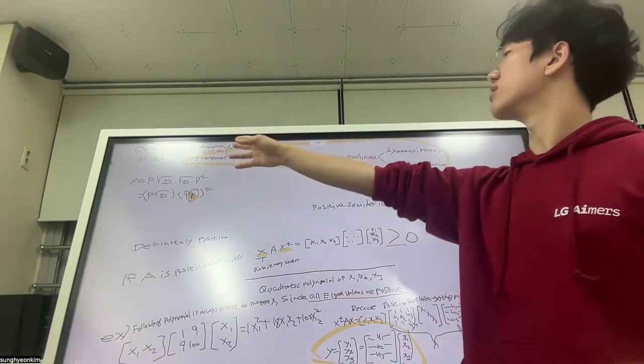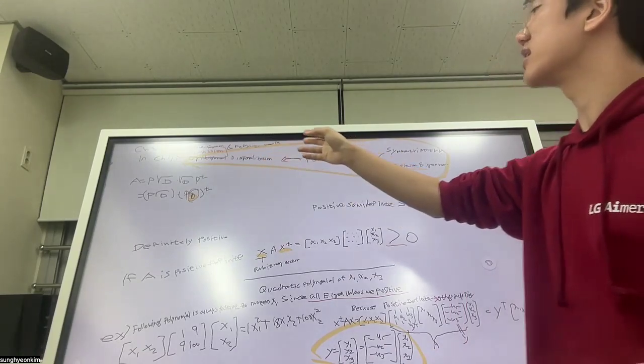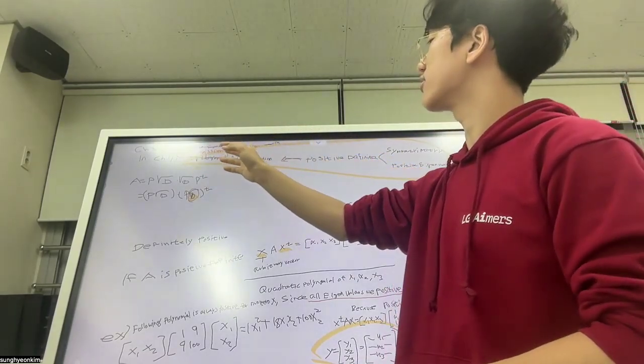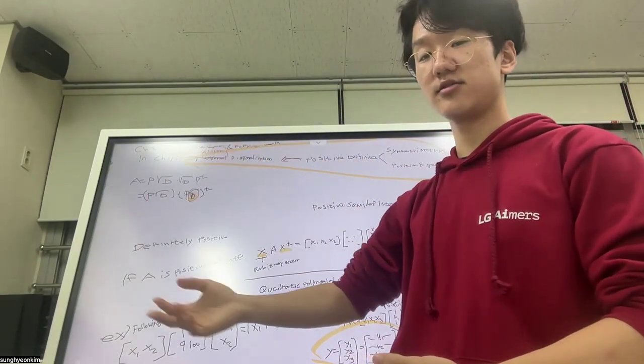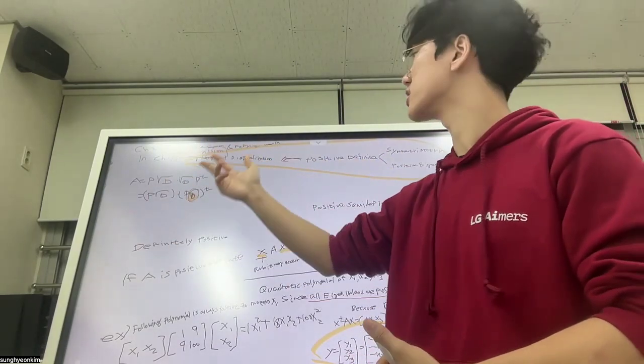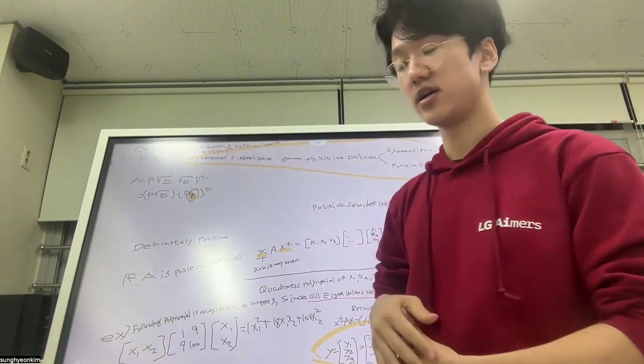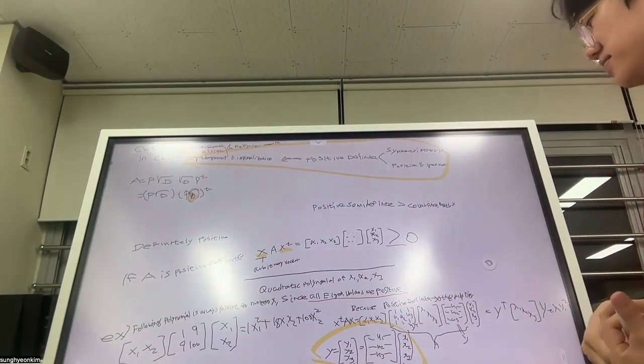So a positive definite matrix is related to the quadratic form, the second-order polynomial sign, so it is deeply related.